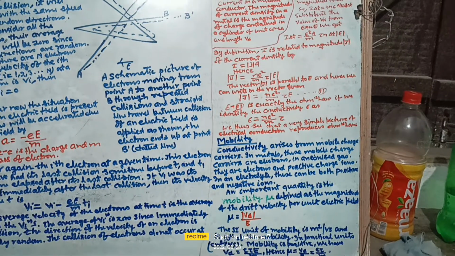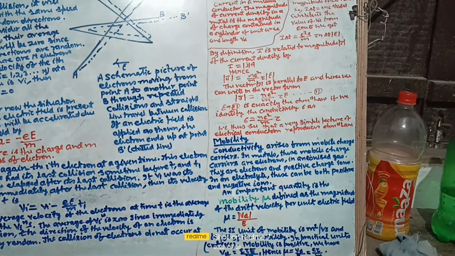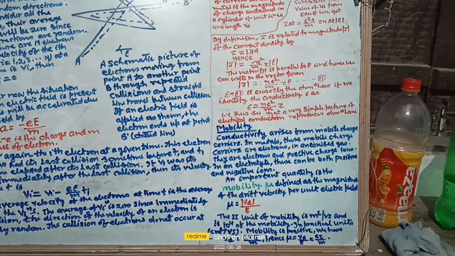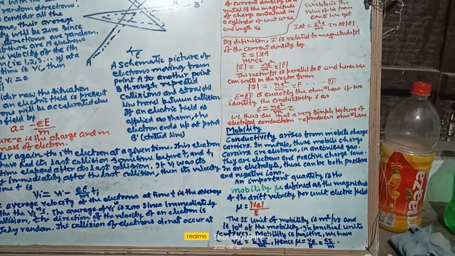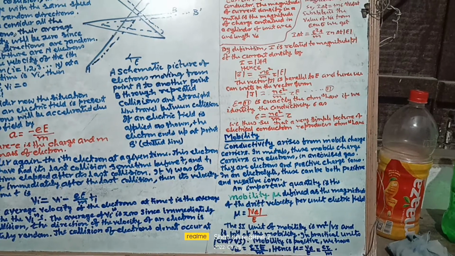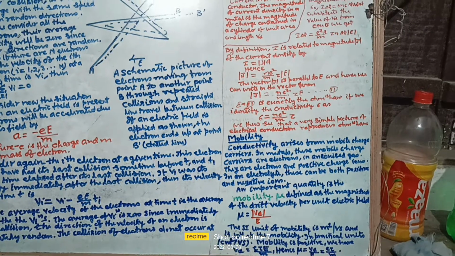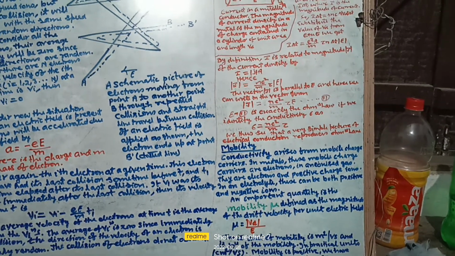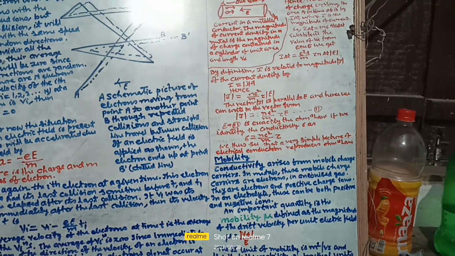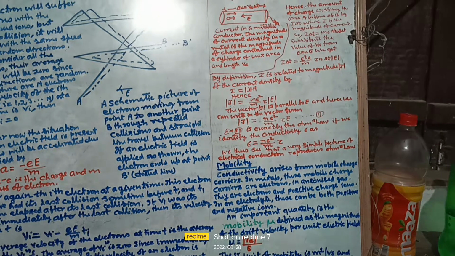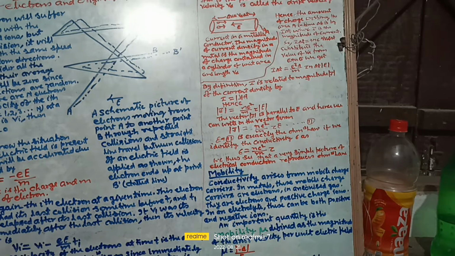The SI unit of mobility is meter square per volt second, and it is 10 to the power 4 of the mobility in practical units, centimeter square per volt second. Mobility is positive. We have V_d = e tau E/m. Hence mu = V_d/E = e tau/m.